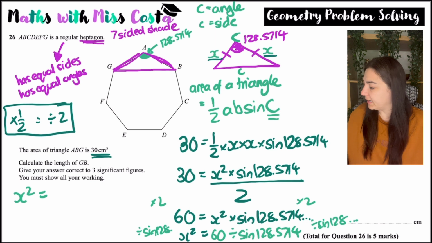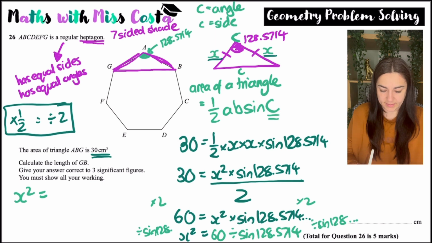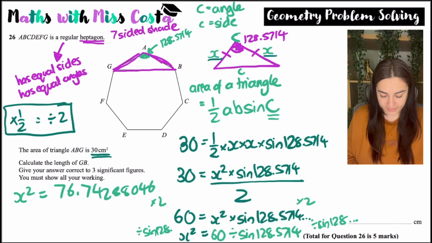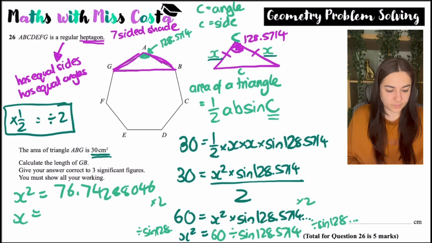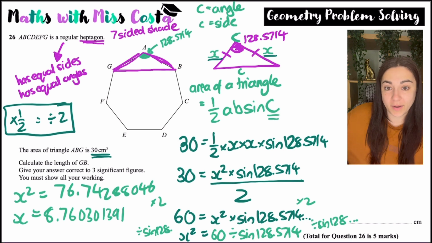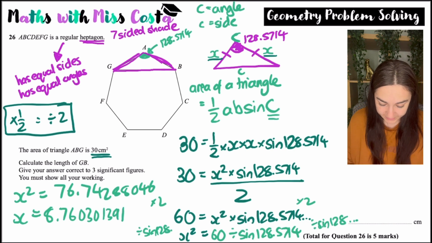And what does that give me? 60 divided by sine gives me 76.74288046. And the final part is the square root, so that gives me 8.76030139. Okay, so now I know the length of the sides.